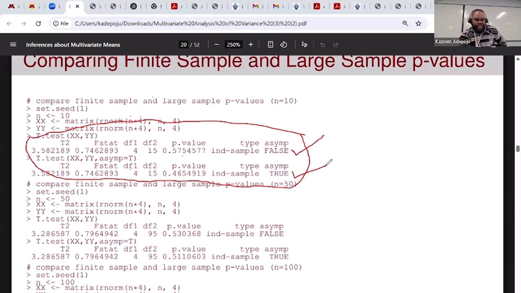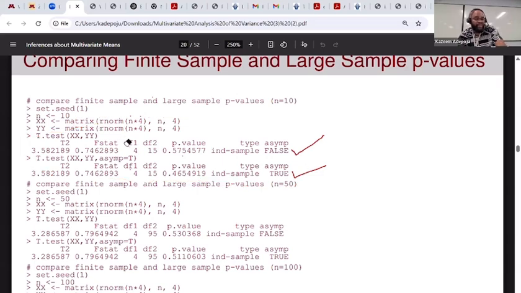Take a look at that. I'm simulating a data set here. I'm using 4 groups. We can simulate a data set with sample size n equal to 10, and 4 indicates I want to have 4 variables, simulated from the normal distribution.